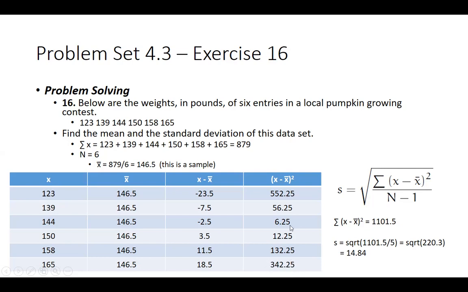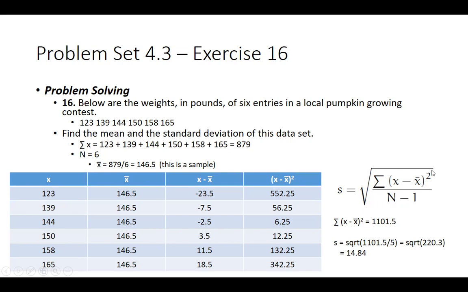We need the sum of the squares. So add up 552.25 plus 56.25 plus 6.25 plus 12.25 plus 132.25 plus 342.25. And we get 1,101.5. N minus 1 would be 6 minus 1, that's 5.